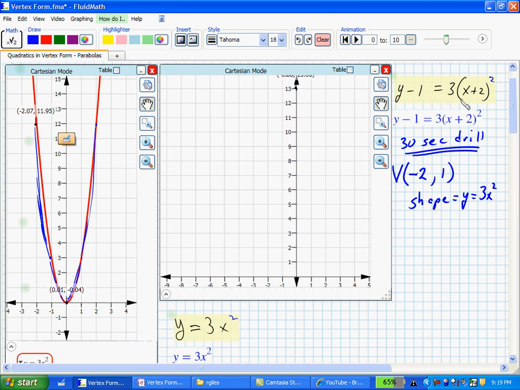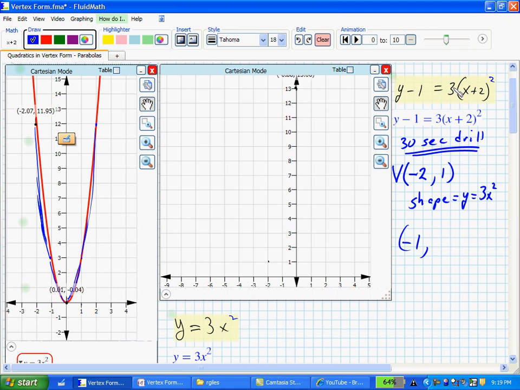Now, if we were to graph this one, we already know the vertex is at negative 2, 1. Negative 2, 1 is here. If we then plug in one point to the right, it would be negative 1. If we plug in negative 1, negative 1 plus 1 is 1. 1 squared is 1.